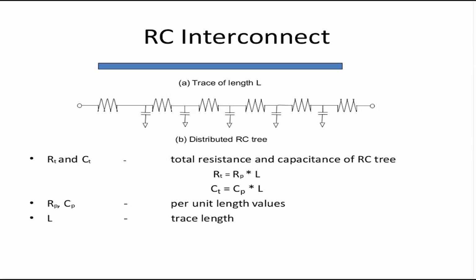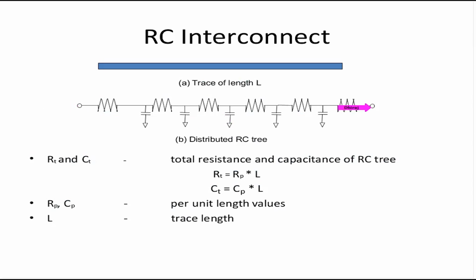Now a typical interconnect will have a length L, and it will be represented as a distributed RC tree. What it means is that the trace of length L will be broken down into a number of R and C values. So this is a distributed RC tree, and now the STA tool will employ some techniques to calculate the delay from this node to this node.